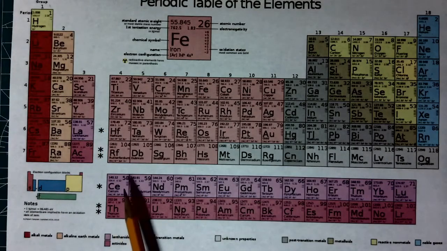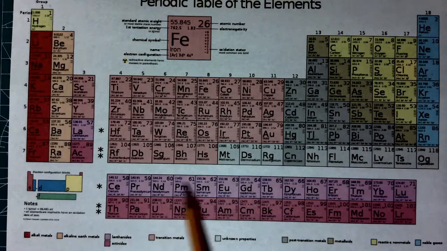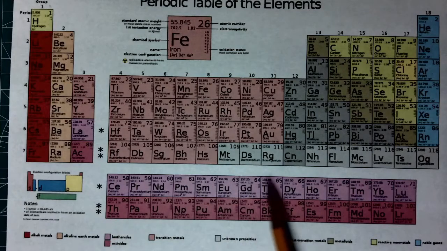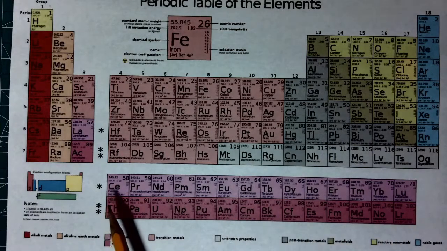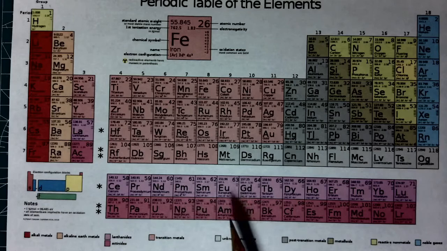Then down here, we have what are known as the inner transition metals, and this is where all of our larger radioactive atoms are. Thorium is radioactive. Uranium, you'll recognize from things like atomic bombs.